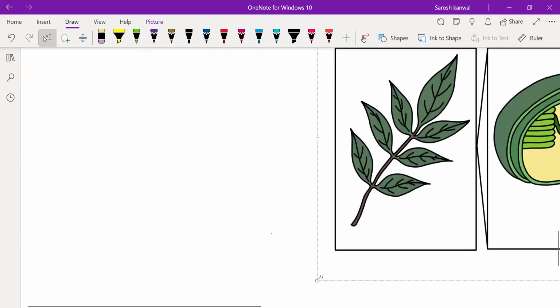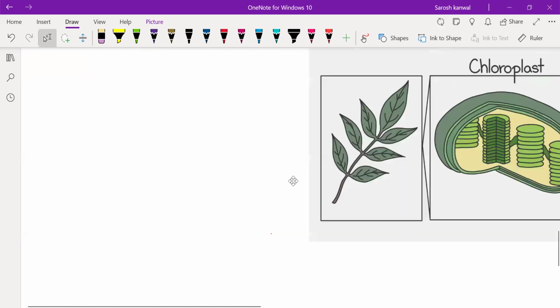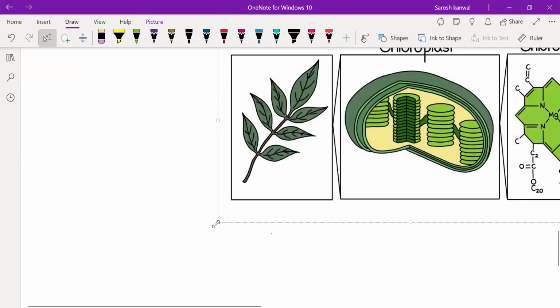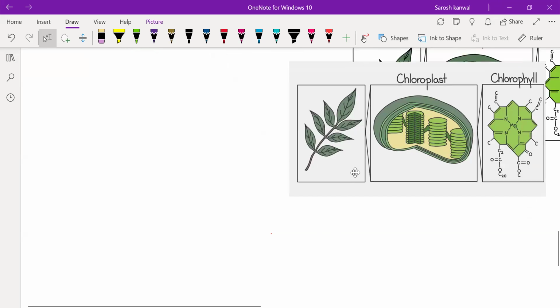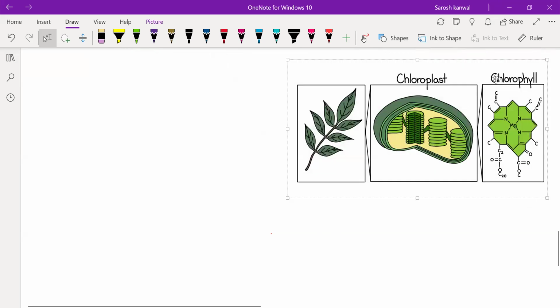Ma'am, it's the structure of plant that absorbs the light energy from sun. Okay, it is a pigment that absorbs the light energy. Very good. Okay, Zulkarnain, do you want to say anything about chlorophyll?